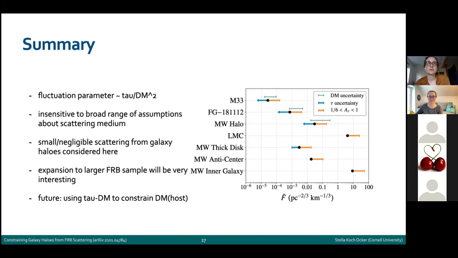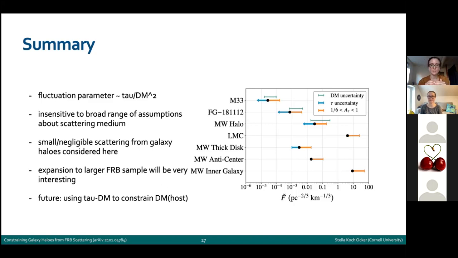Oh, so yeah, that would certainly be really useful. Are you asking more along the lines of what configuration of FRB host versus foreground would be useful? Yeah. Mm-hmm. Yeah, I think it would definitely be useful to have a range of FRBs with different impact parameters from foreground galaxies, so that you could get a better sense of how significant the amount of scattering observed relates to their orientation relative to the intervening galaxy.